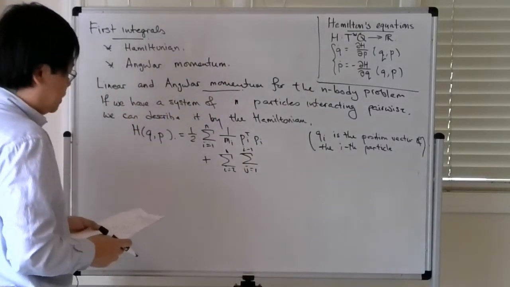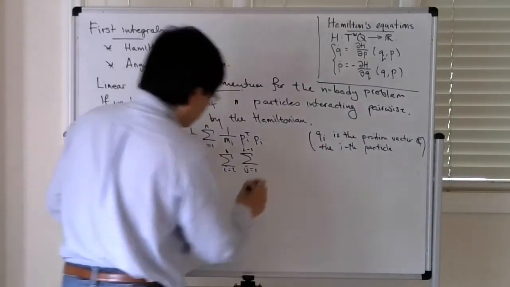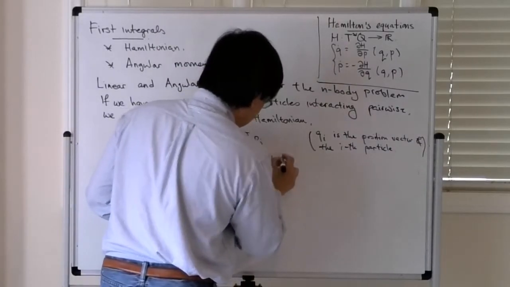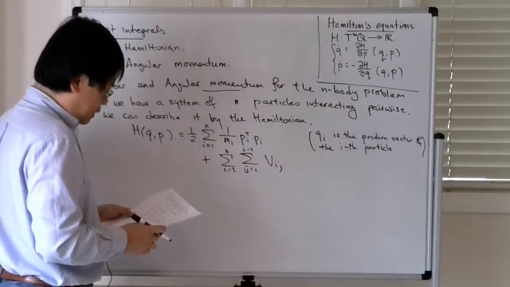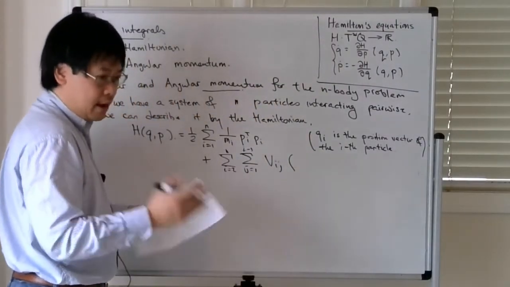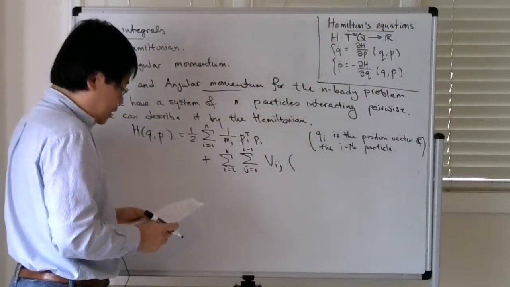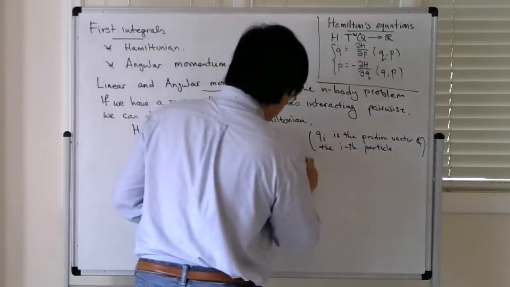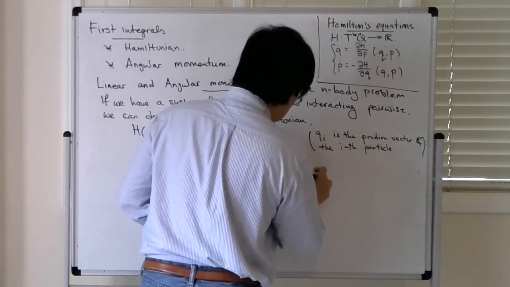And then you have a potential term which I denote by Vij, and it depends only on the pairwise distance between Qi and Qj.